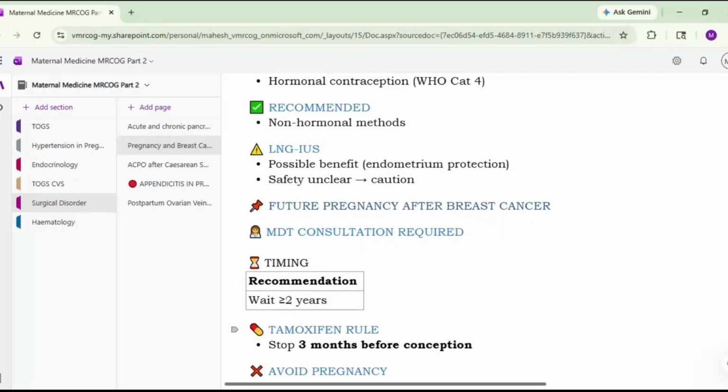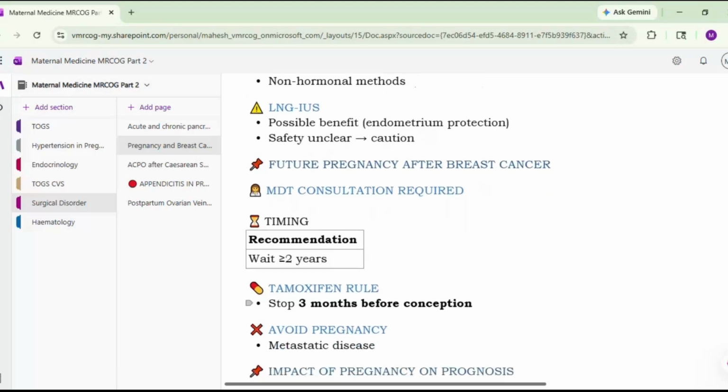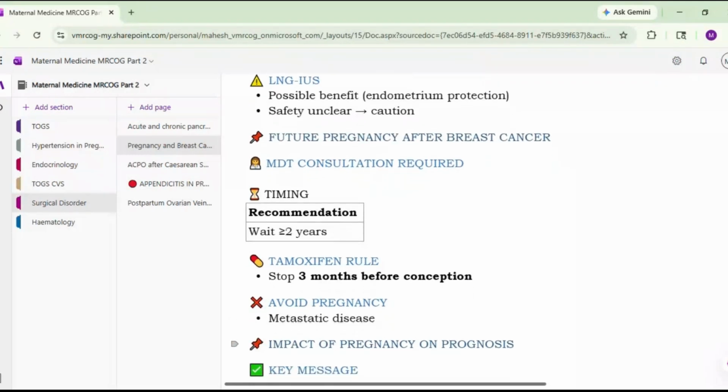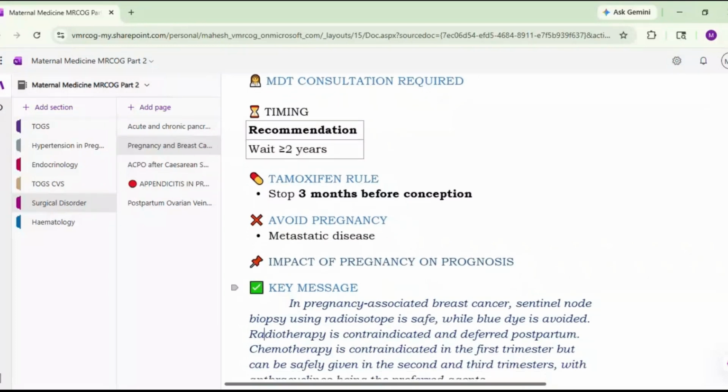However, if the patient is on tamoxifen and wants to conceive, in that particular case, stop the tamoxifen at least 3 months before the conception. If there is metastatic disease, avoid the pregnancy. And now, the impact of pregnancy on prognosis.